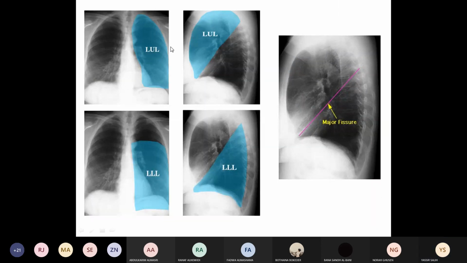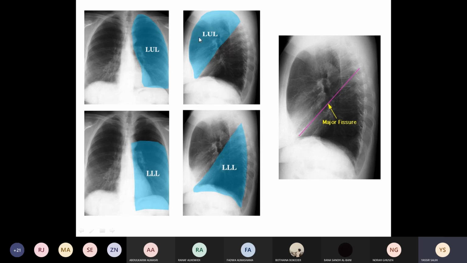Here from this frontal, this is, for example, the left side lobe, but still we are not able to know whether it is upper or lower. This collar area is on the left side. If you look at the lateral film, the collar area occupies the region anterior to the oblique fissure.